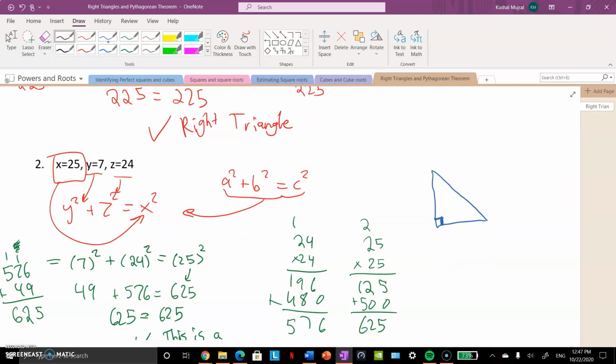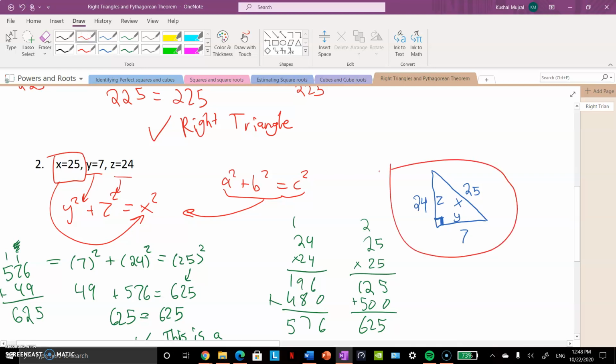So there's X, which is the largest side. So I'm going to write X here, and that's 25. Then Y is 7, so we're going to write Y here, and then Z goes here, and Z is 24. Okay, that's our drawing.